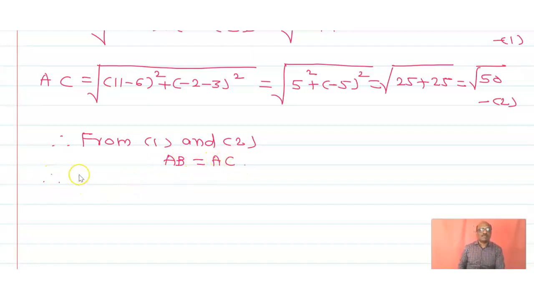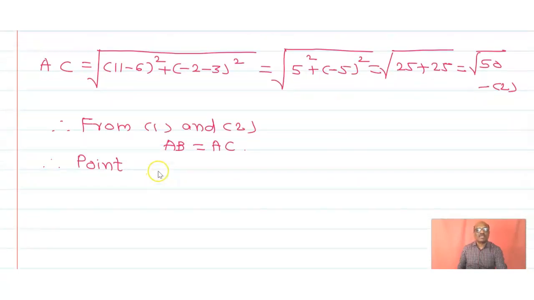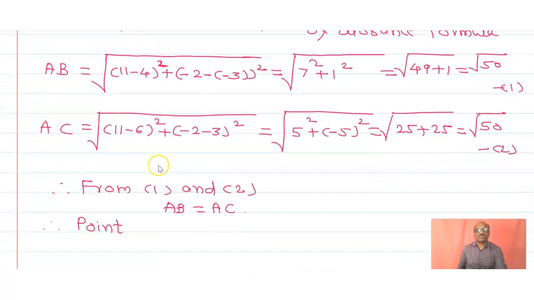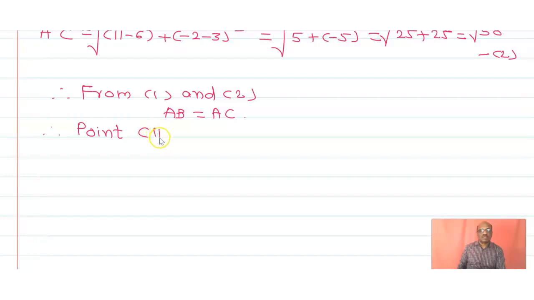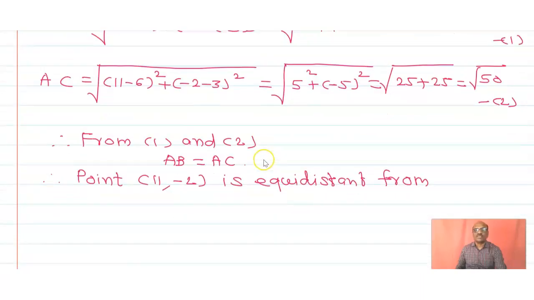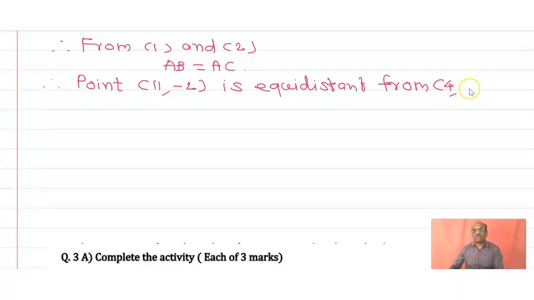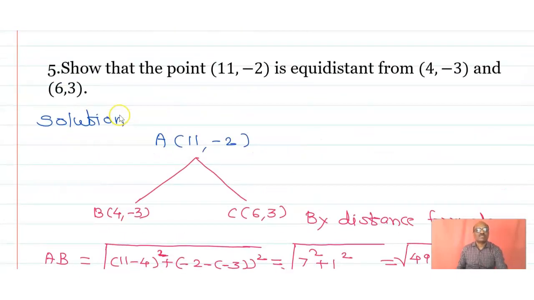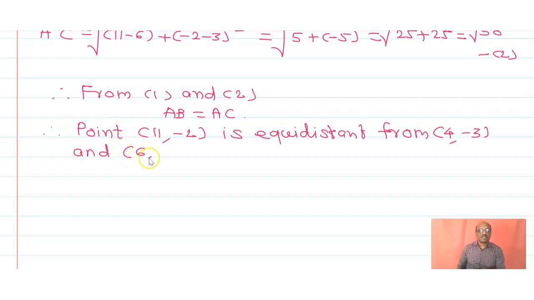Okay, and therefore point A (11, minus 2) is equidistant from (4, minus 3) and (6, 3). Okay, and this is the answer.